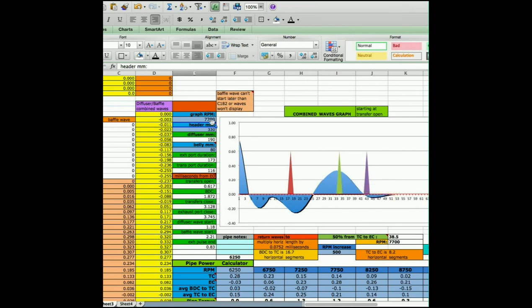So let's say from 7,700 for 1,000 RPM to 6,700, boom, look at that. All of that wave is right there. Not much is happening for this first section right here as the piston's going through this number of degrees. This is 180, this is 90, this is 45.